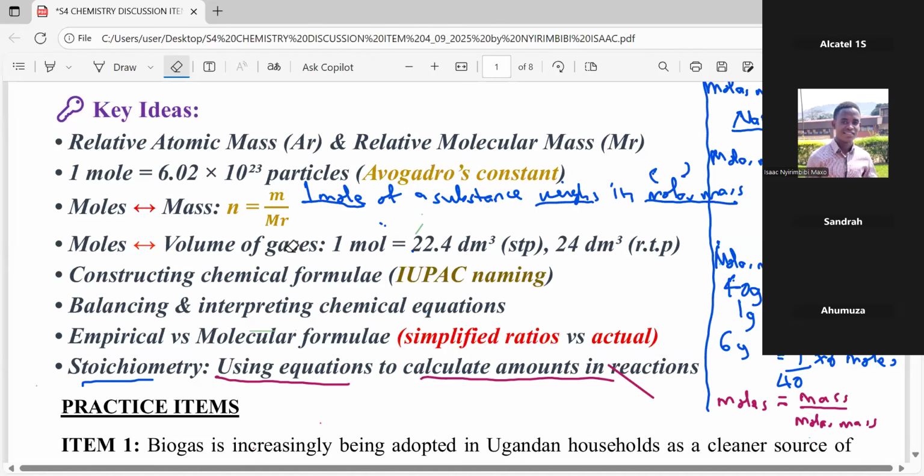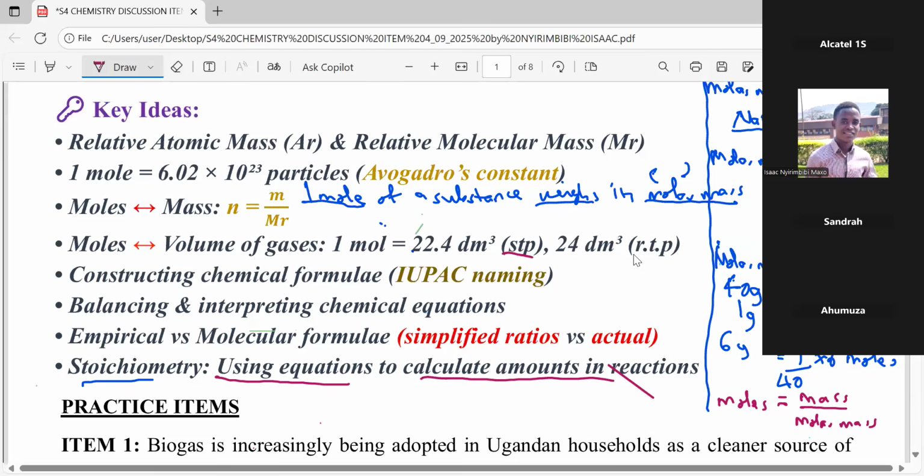Now, if we have different conditions, we have the first condition here at STP, standard temperature and pressure.